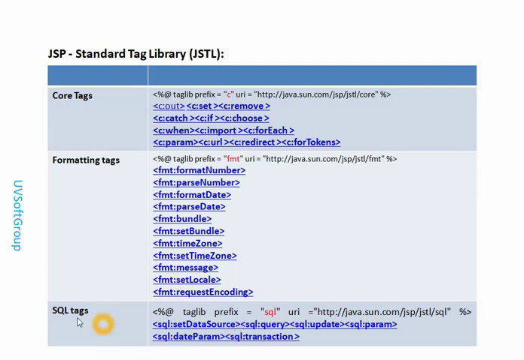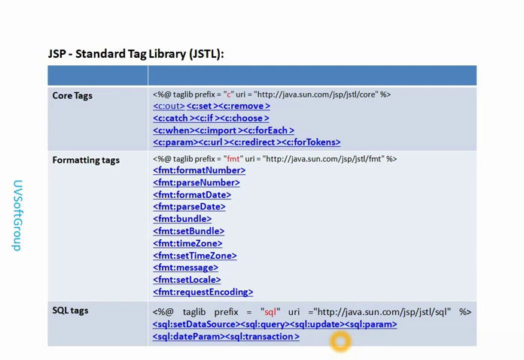And if you are working with SQL directly without any middle layer, it is possible with the JSTL SQL tag library to access the database directly, without any web service layer between the front end and the back end.